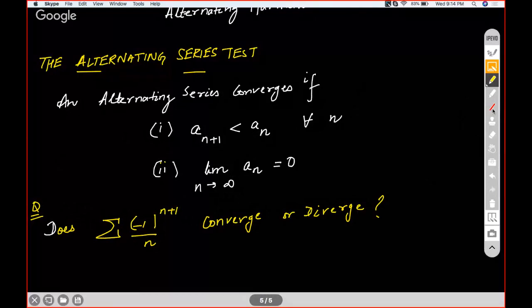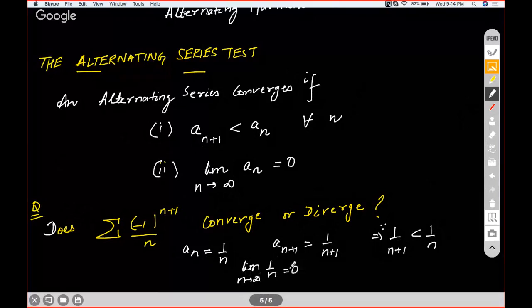The first one, it passes. a_n will be 1 by n, and a(n+1) will be 1 by (n+1), so a(n+1) is less than 1 by n, which is obvious. So it passes the first test. And not only that, the limit of a_n, which is 1 by n as n tends to infinity, is 0. So both conditions hold, and it is a convergent series.